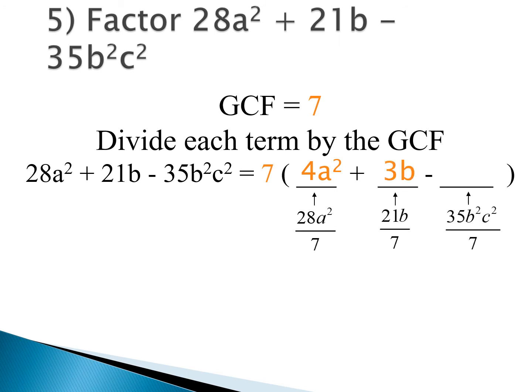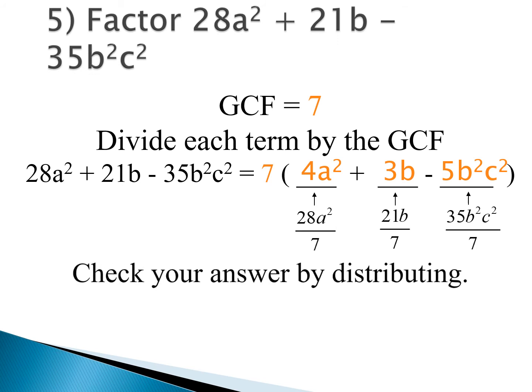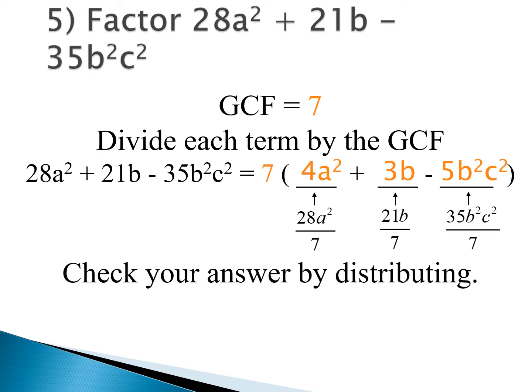We have 3b. And 35b squared c squared over 7, 5b squared c squared. And we can check our answer by distributing, multiplying 7 times each one of those terms, and we do end up getting our original expression.